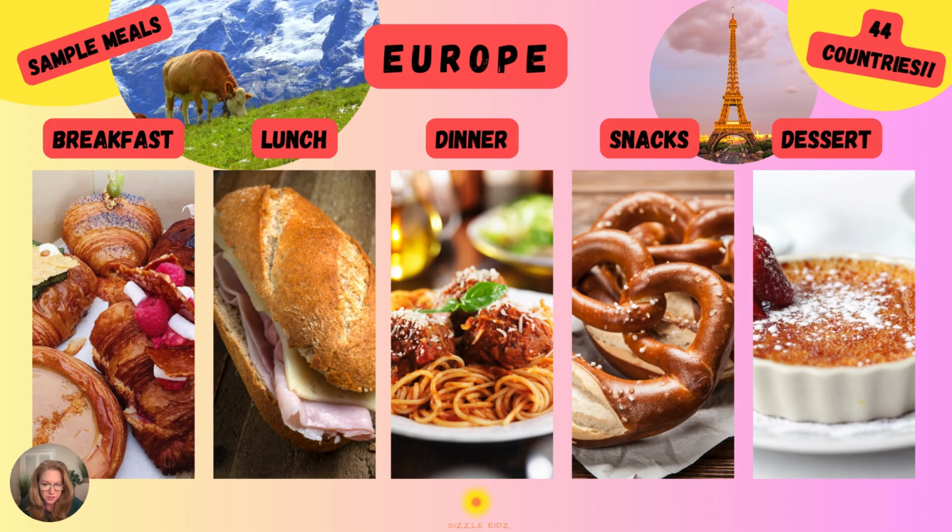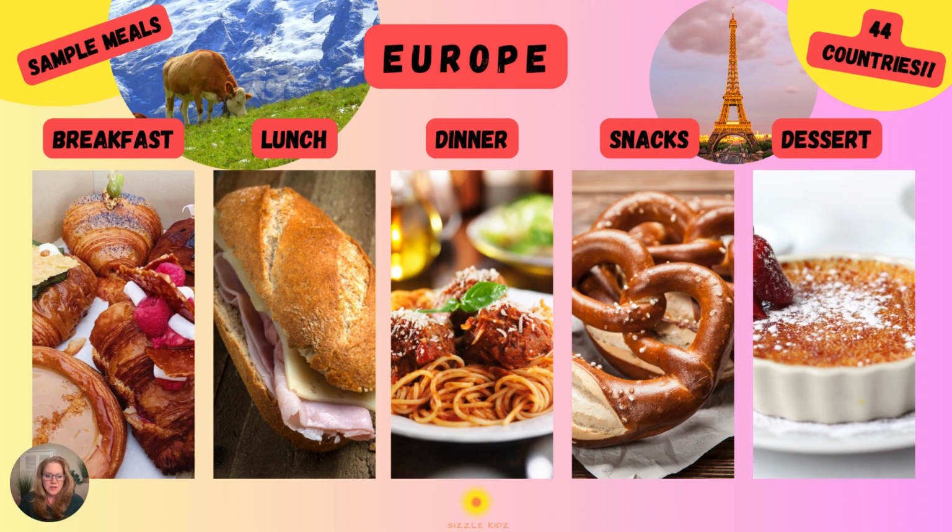So in each country, they have very different cultures, and very different foods come out of each different culture. So I've just picked one food from one of the countries to show you a breakfast, lunch, dinner, snacks, and dessert. And I had to leave 39 countries out, so I just picked some that I am familiar with myself. So this is just a little bit of an example, just something fun.